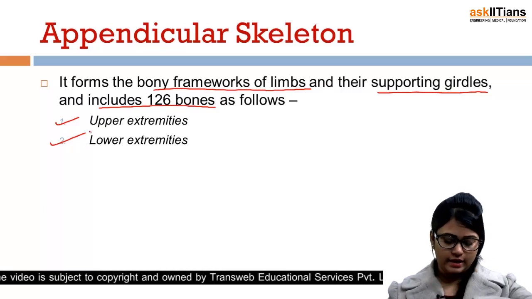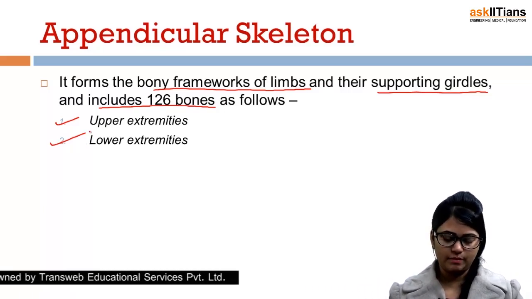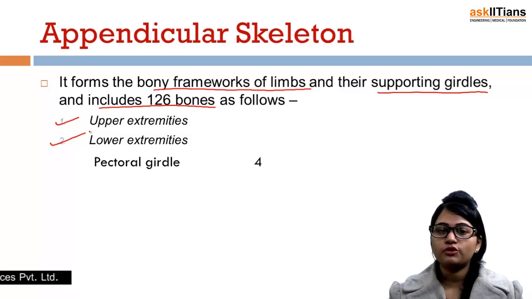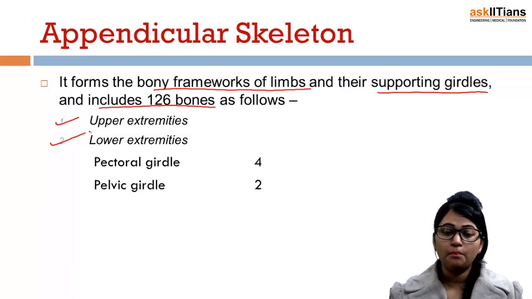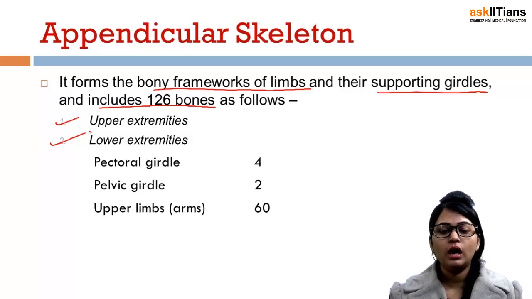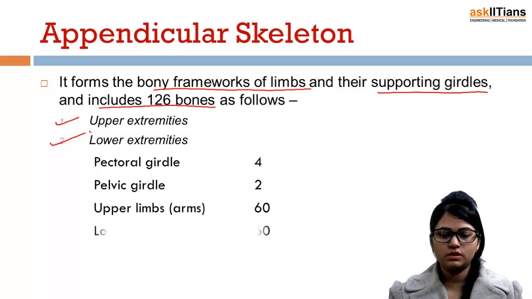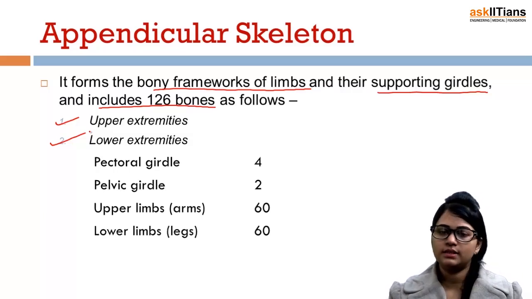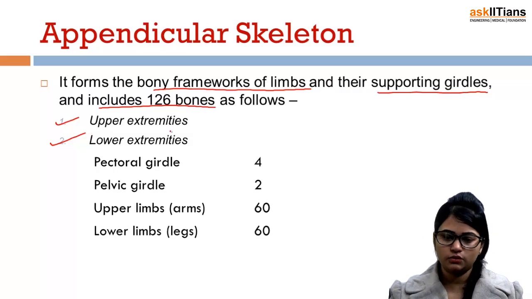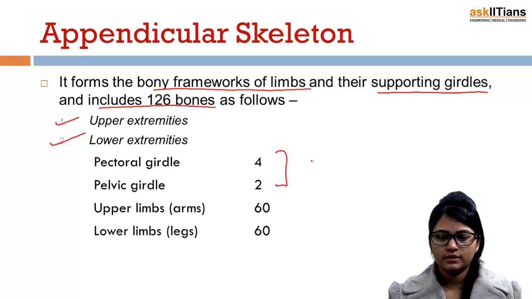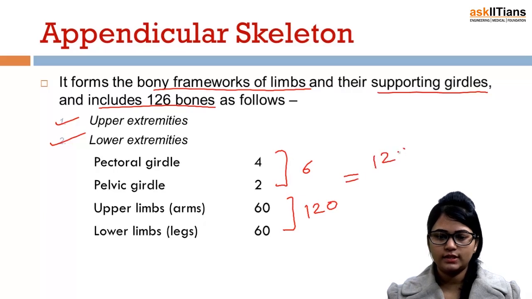Pectoral girdle 4, pelvic girdle 2, upper limbs or arms 60 bones and lower limbs or legs 60 bones. So this is 6, this is 120, so in total it is 126.